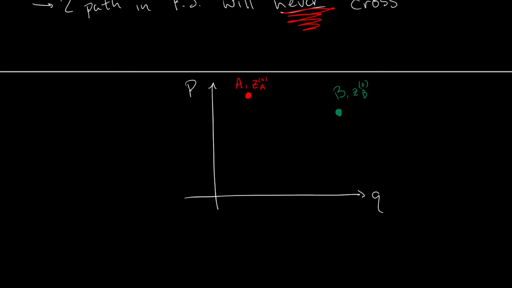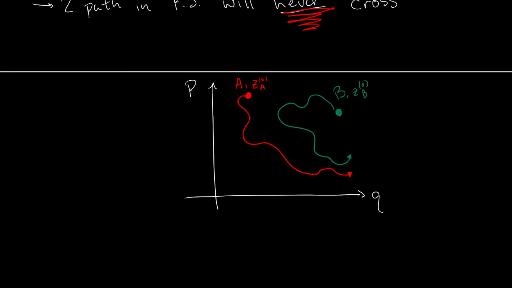So Z0A and Z0B are these initial points here. Now I can just use Hamilton's equations, and I'll get some evolution through phase space. It might look wild, wacky, however it might look. The point is that no two of these paths can ever cross each other.